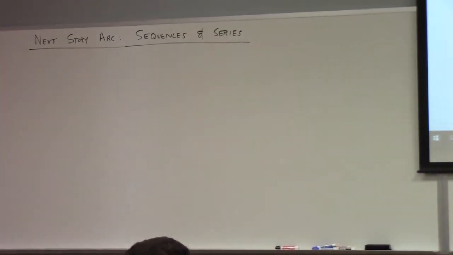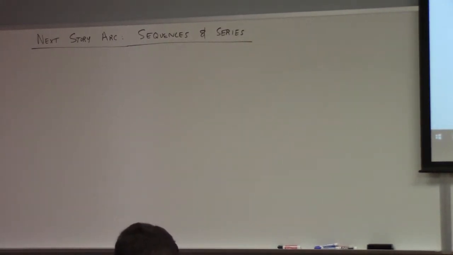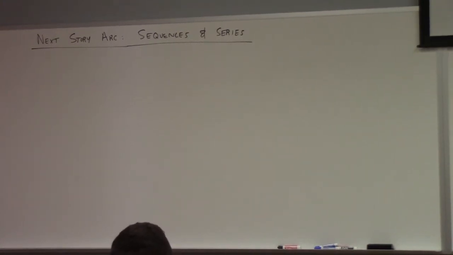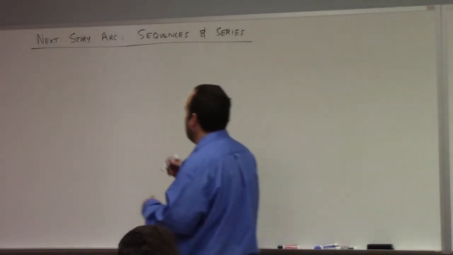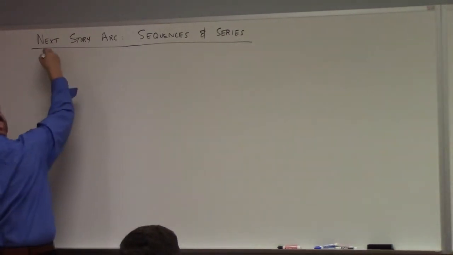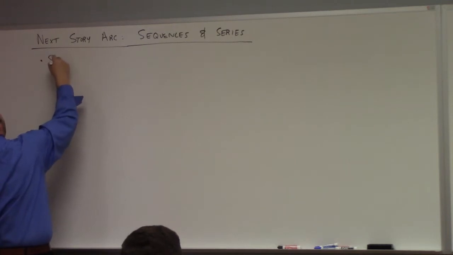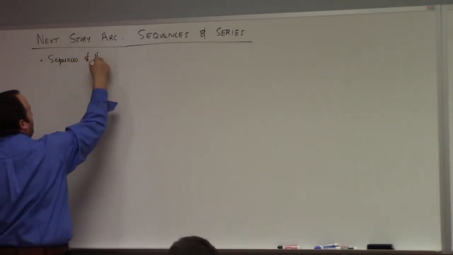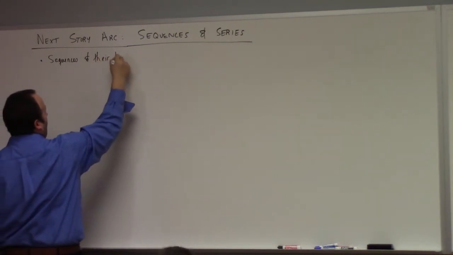So here's the lay of the land going forward. First, we need to understand what a sequence is, all right? A sequence is essentially a list of numbers, all right? So we have to understand sequences and their limits, all right?